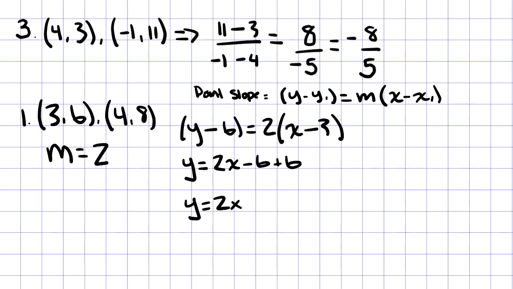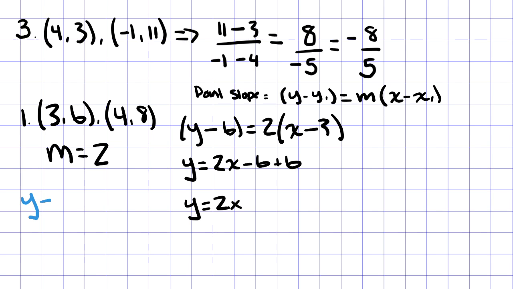Here we can check our work by taking one of these coordinates and plugging it into the equation that we found. We use 3, 6. If we plug in the x value, we should get y equals 6.